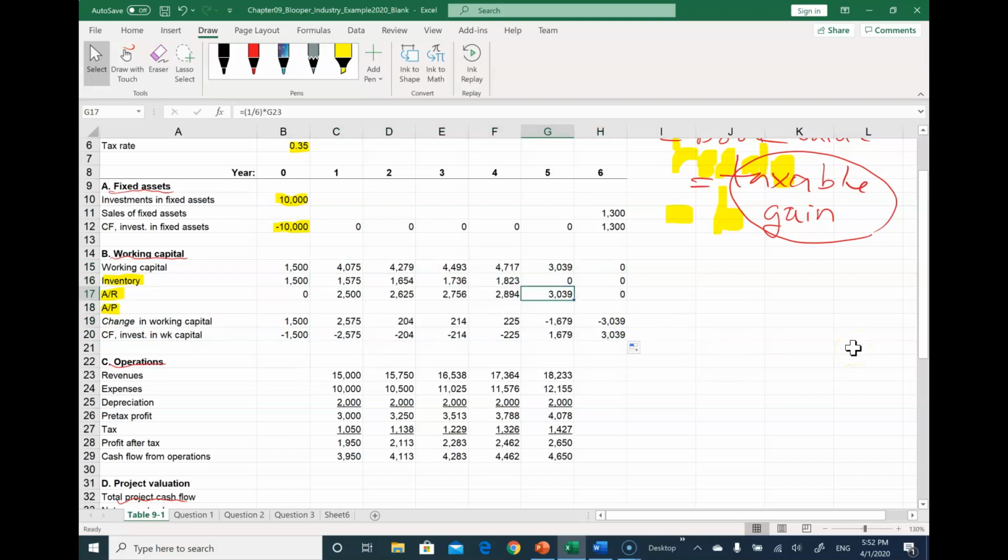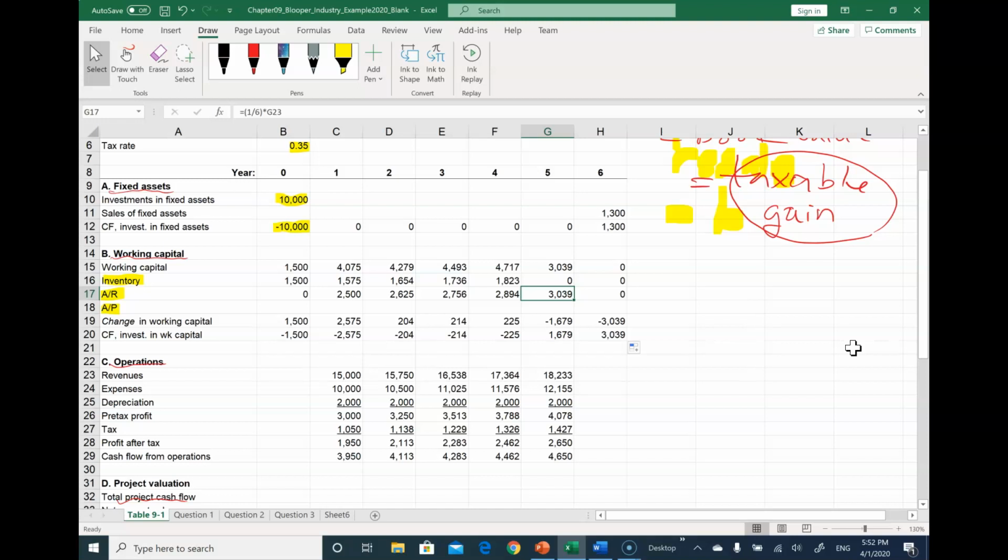When the company made the sales in year 5, 1/6 of that is still owed by the customer, and customers will make the payment in year 6. So there is a cash inflow in year 6, even though the project itself is over in year 5.